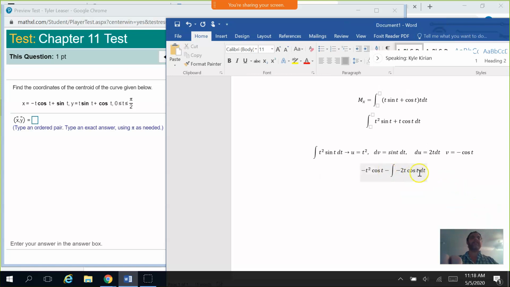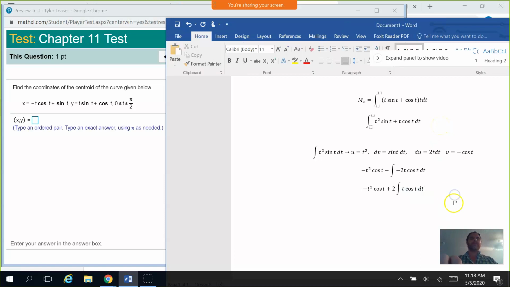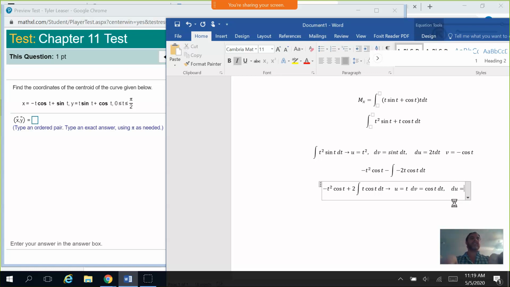All right, and then unfortunately, we're going to have to do another integration by parts. Just to clean it up, these two negatives cancel out, and I can also pull out that 2. All right, and then integration by parts again. So let u be t. We're going to let dv be cosine of t, which means that du is just 1 dt, and then v, the antiderivative of cosine, is sine.